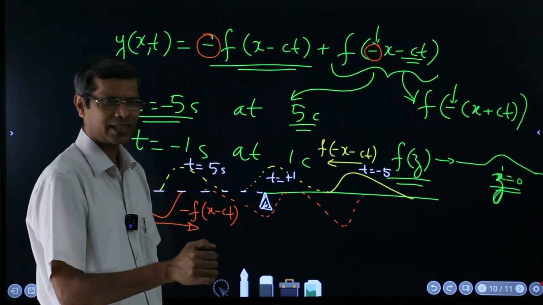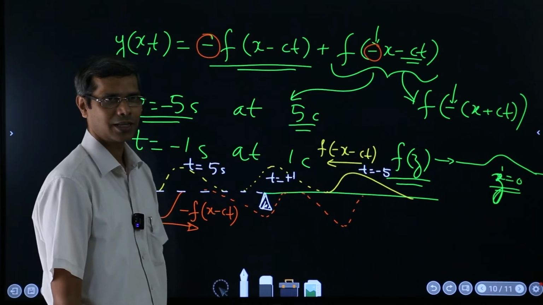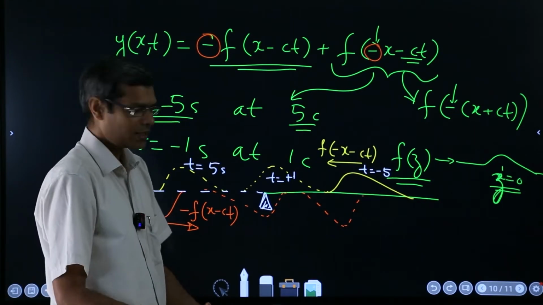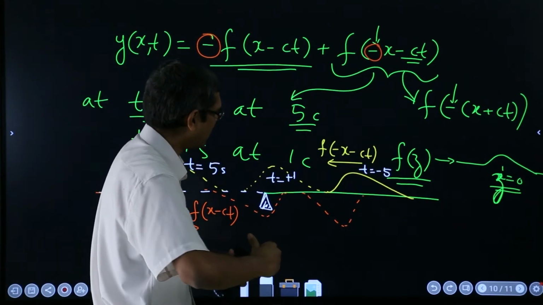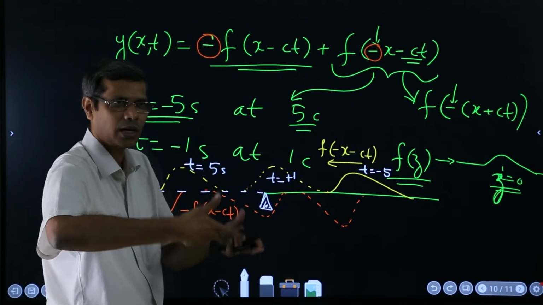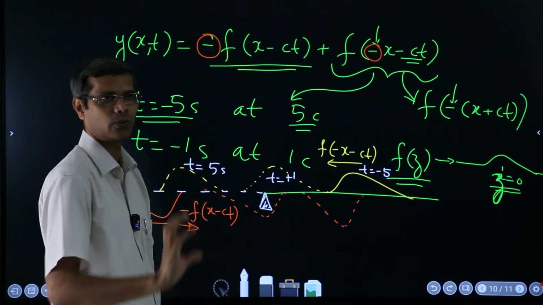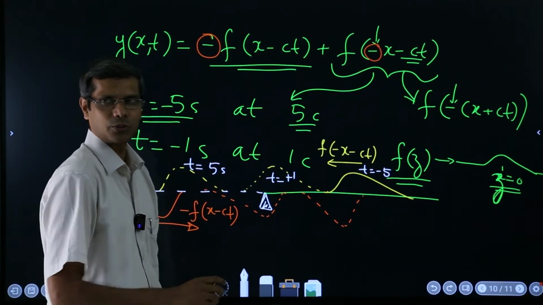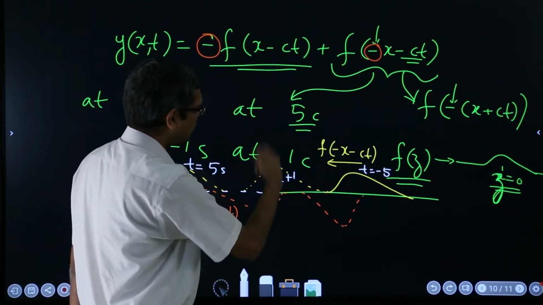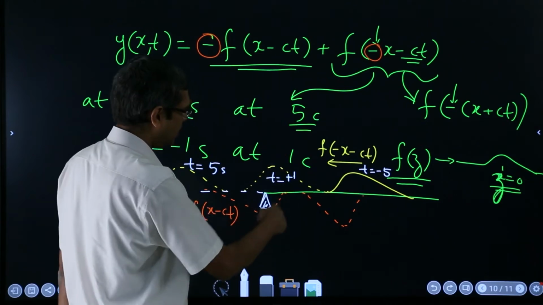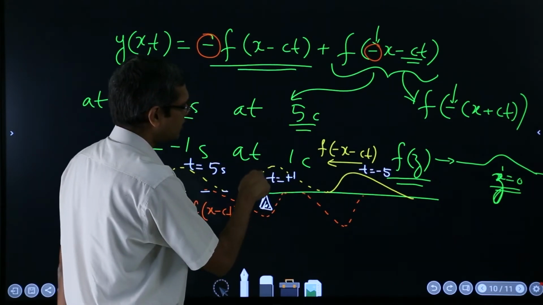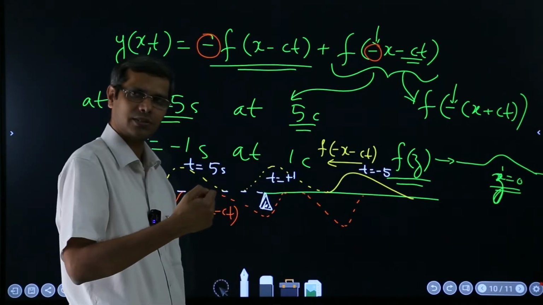Now to do that, it has to apply a force, and in doing that, the other thing is pulled back, the reaction force, and it goes down.